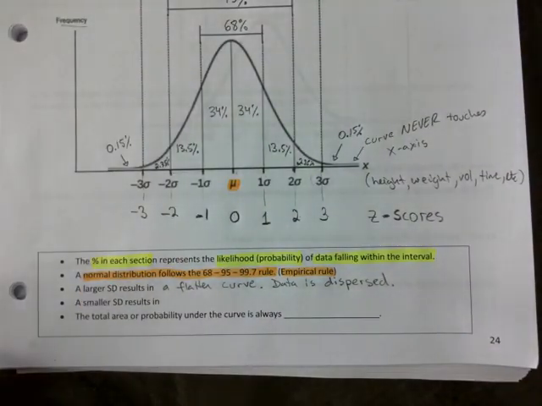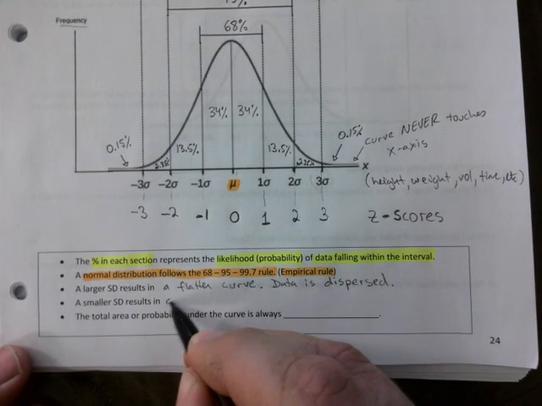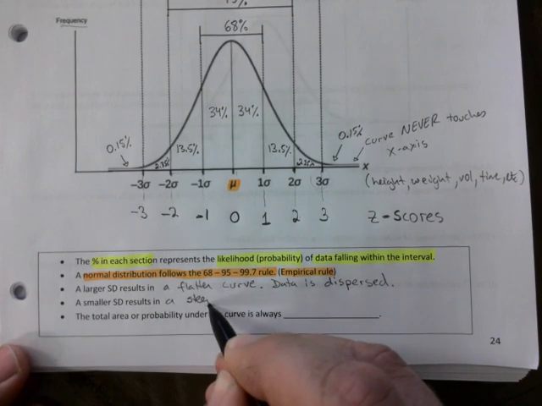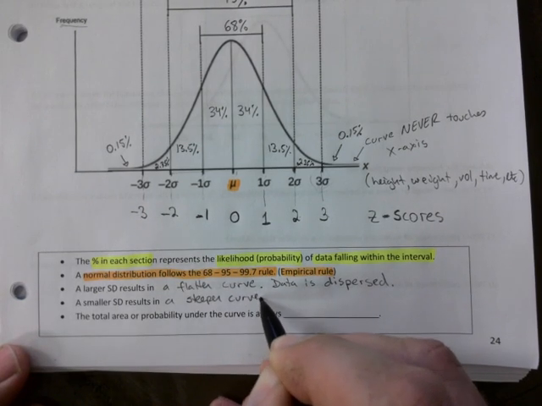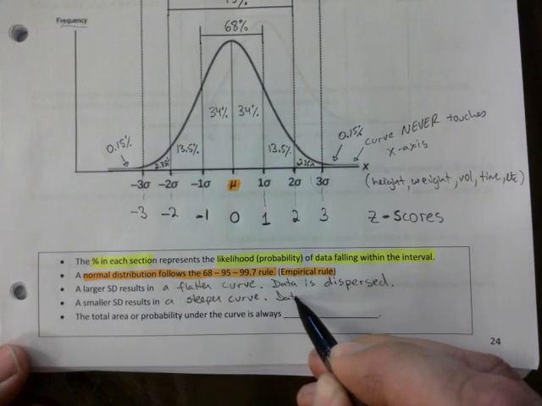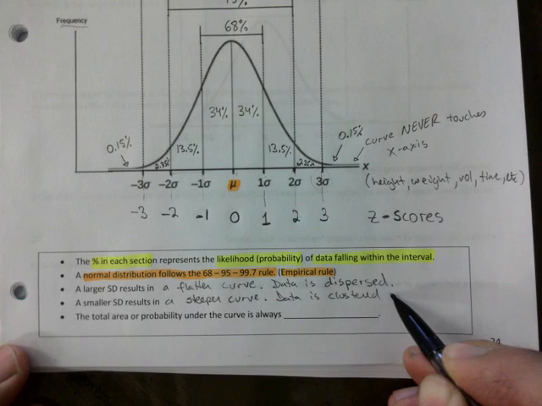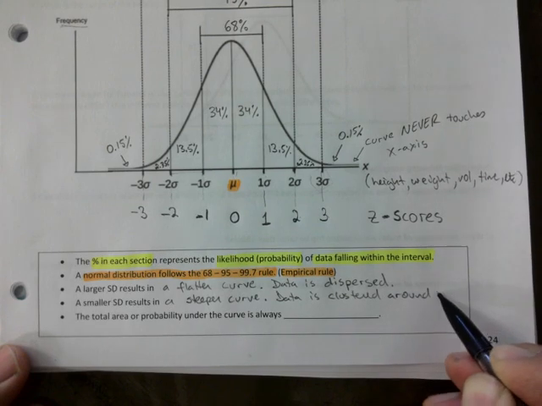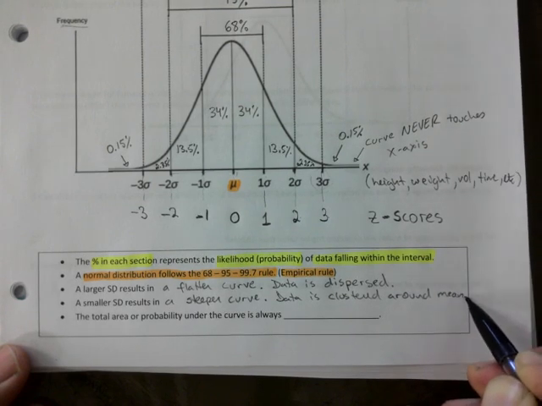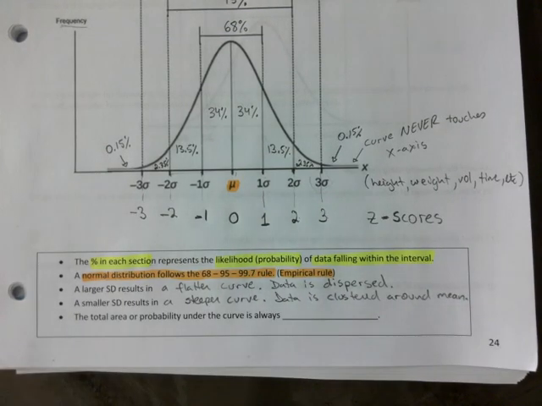If it's a smaller standard deviation, it's a steeper curve. Data is clustered around the mean. Remember, the standard deviation is always with respect to your mean. It's always about how the points are related to that average that we found, right?